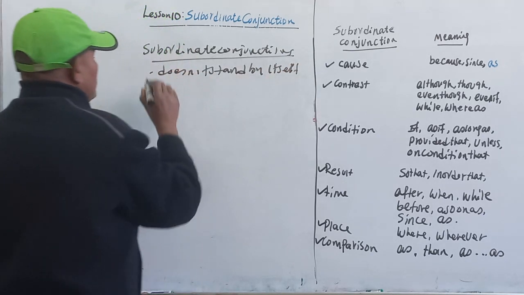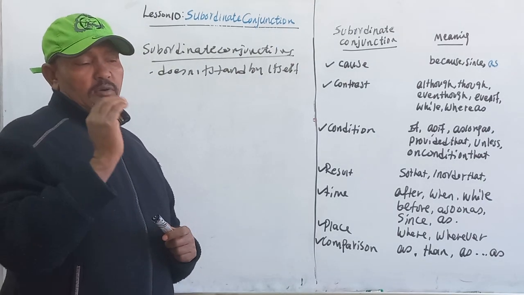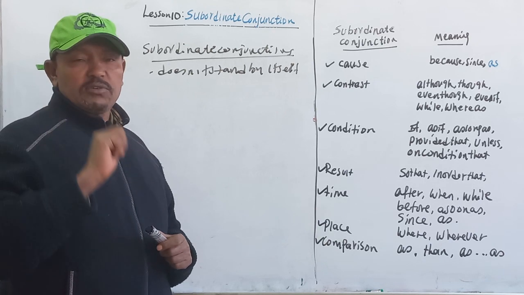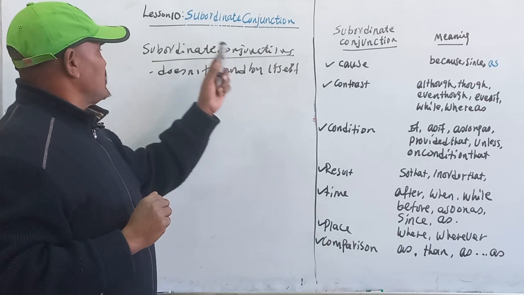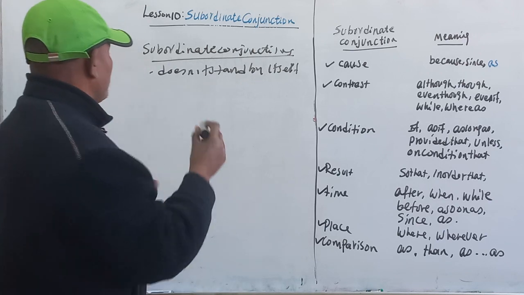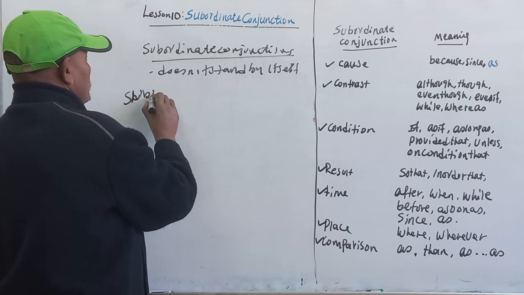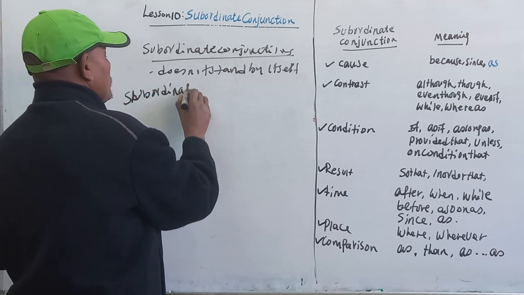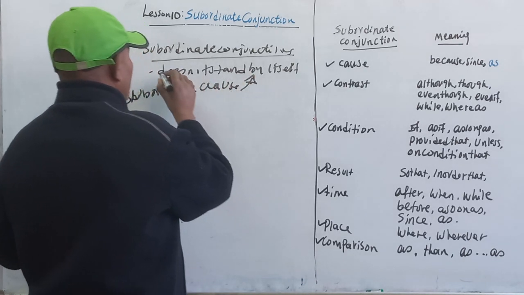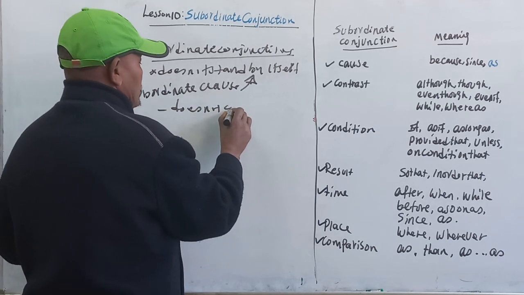Yes, subordinate conjunctions are a kind of conjunction which joins one main clause with the subordinate clause. That's called subordinating conjunction. So when I say subordinate clause, it doesn't stand by itself and doesn't convey meaning.